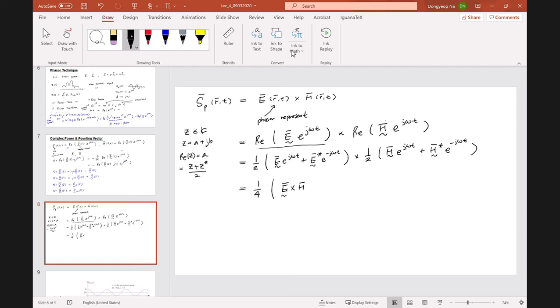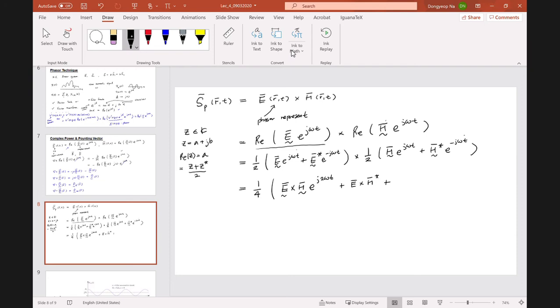E cross H with e to the j 2 omega t, and E cross H complex conjugate, and the rotating wave terms with different signed arguments, this and this, so they are cancelled.